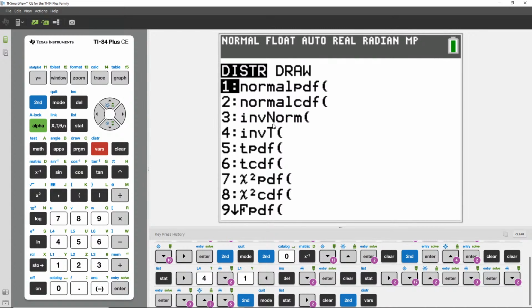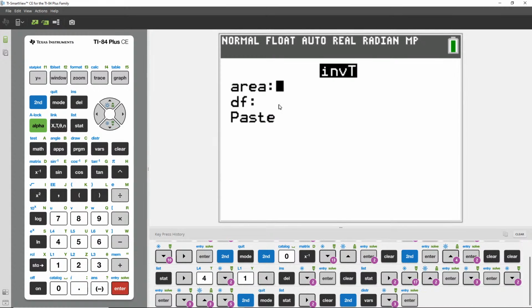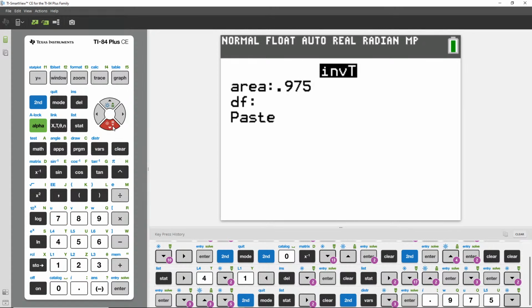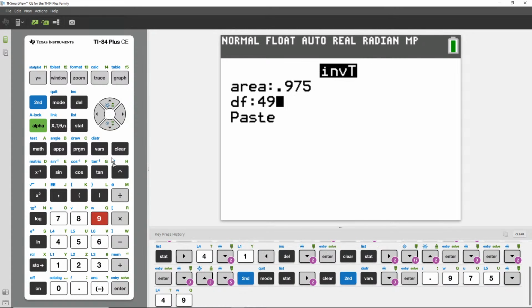If you're working with an 81, they just don't have inverse t, but there is a workaround. There's a way to program your calculator to have inverse t. Inverse t needs the area to the left and then the degrees of freedom that you're using. So I'm doing 0.975, and then the degrees of freedom is 49.